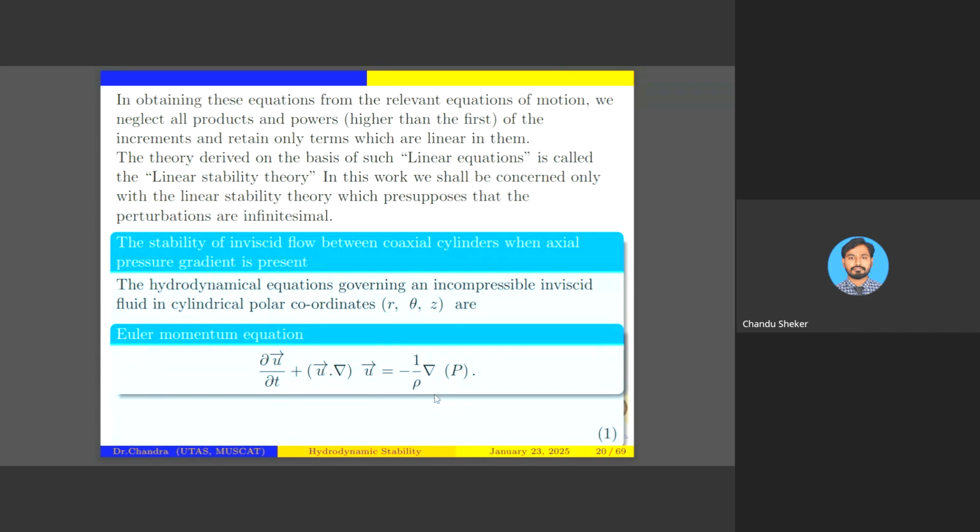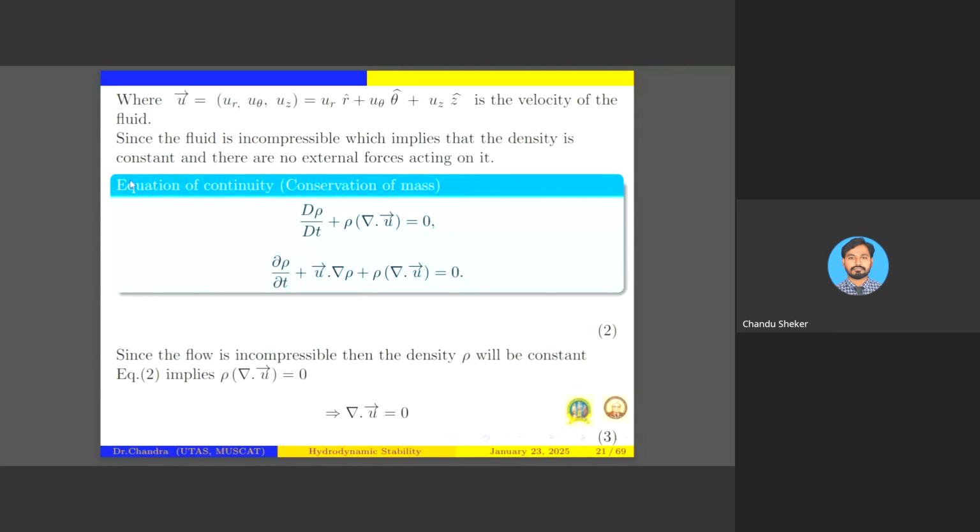This is equation 1, and we are going to express this Euler equation in cylindrical polar coordinates r, theta, z. Here u bar in cylindrical polar coordinates is represented by u r, u theta, u z, that is u r r cap plus u theta theta cap plus u z z cap, the velocity of the fluid.